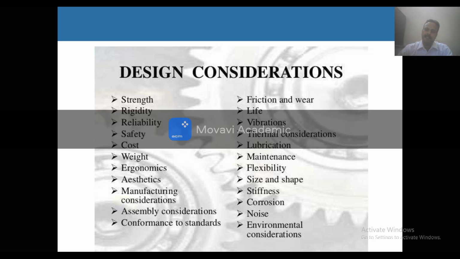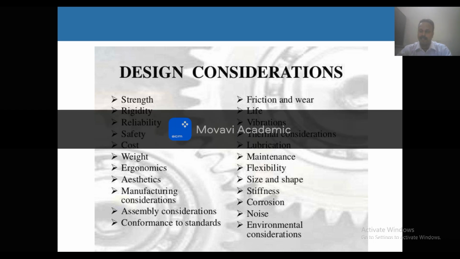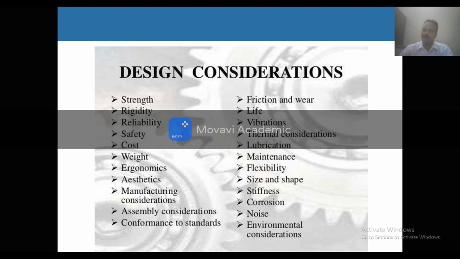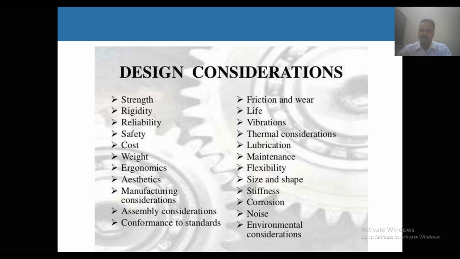Lubrication: there are certain materials which are self-lubricated, there are some materials which need to be frequently lubricated, and there are some materials which, depending upon the type of application, need to be lubricated by semi-solid or solid lubricants. So all these factors have to be taken into account.